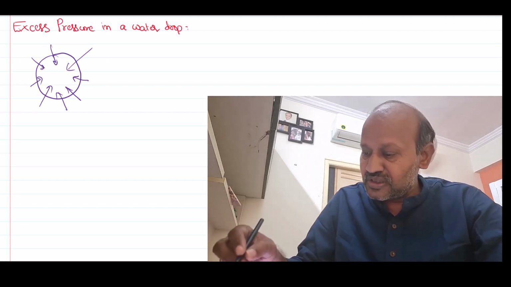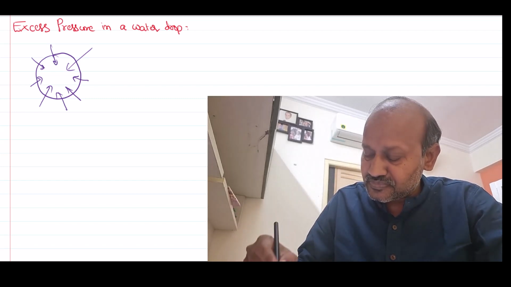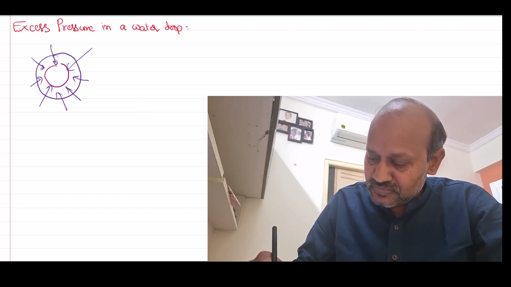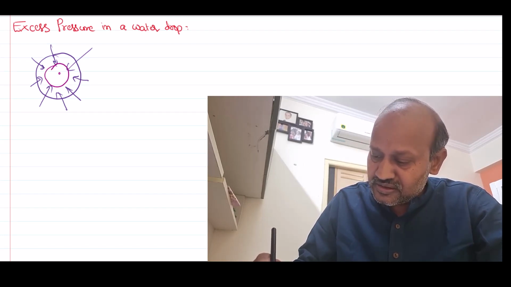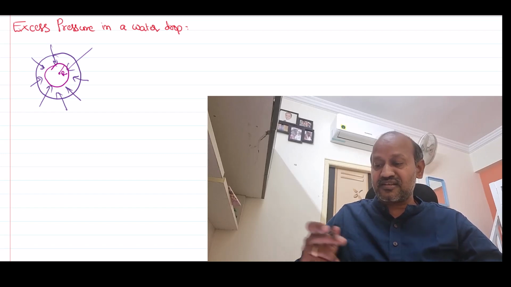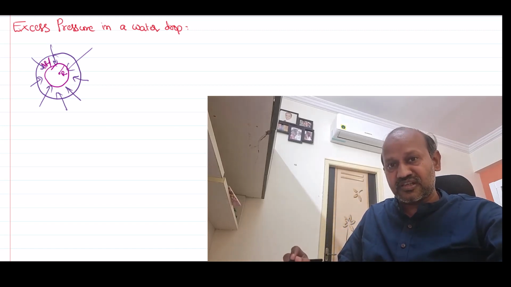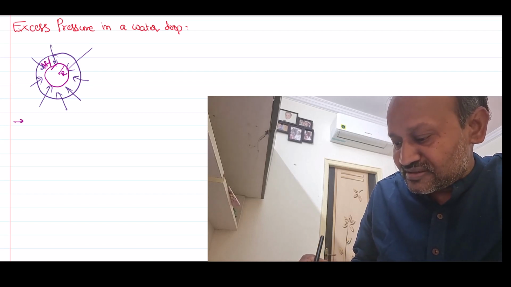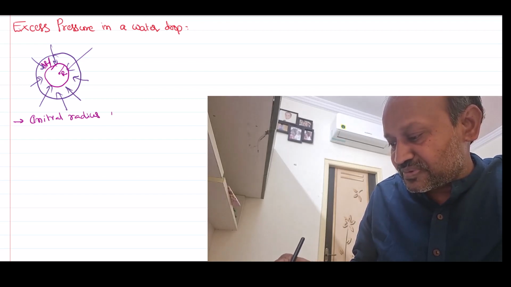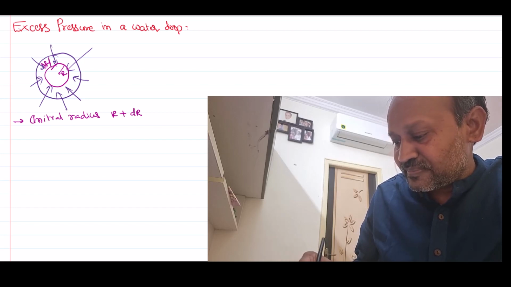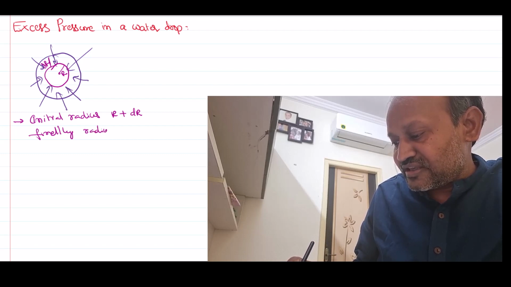Let me consider that after minimizing, the radius is r, and the surface tension has reduced its radius by a value of dr. What I mean to say is, the initial radius of that water drop is r plus dr, but finally dr is reduced and it has a radius of r.